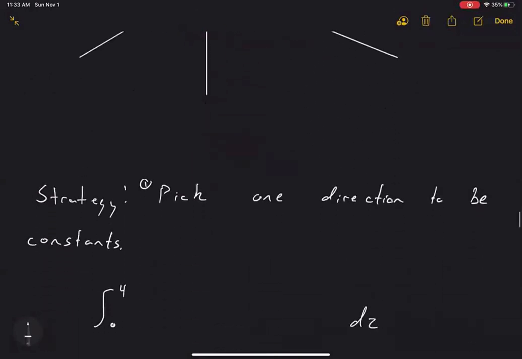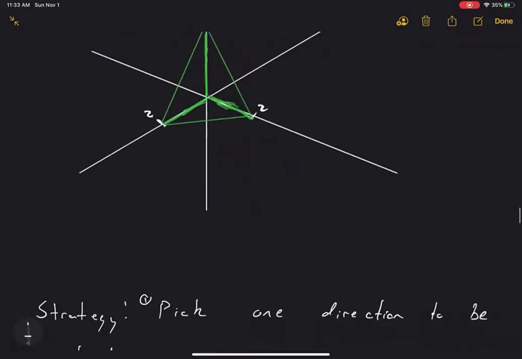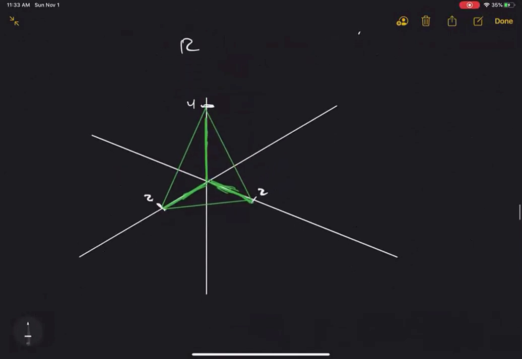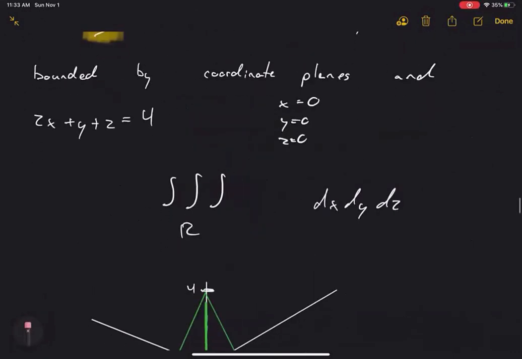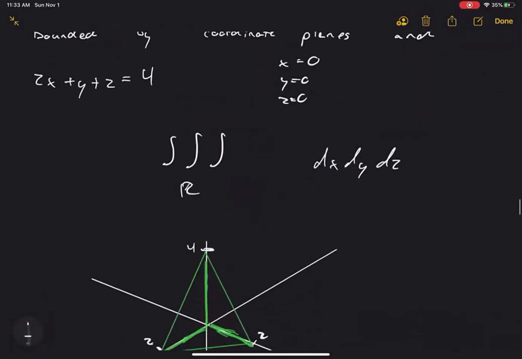Maybe in some examples it's really obvious which direction should be your constants. In this example, let's pick z to be our constants, meaning in my integral, my dz bounds are going to be my constants.